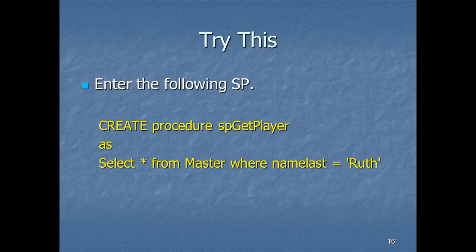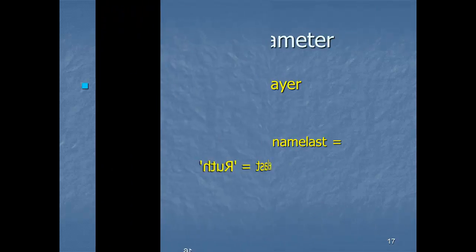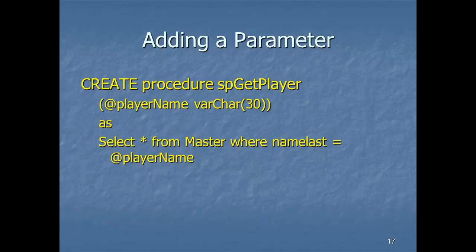So we're going to go through and try a couple of things here. The first thing we're going to do is go back in and recreate that first stored procedure we did, where we're going to pull out Babe Ruth using just a standard select statement. The next thing that we're going to do is modify that stored procedure, and we're going to allow for a parameter to be passed in. The parameter we'll call @playerName. We're going to allow 30 characters as a varchar type data.